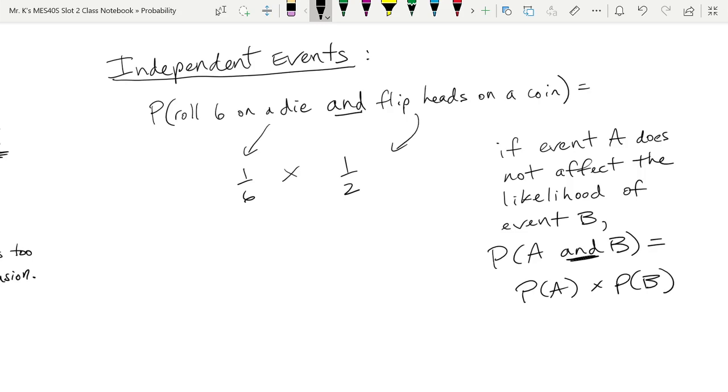And means multiply in probability. So yeah, what's 1 out of 6 times 1 out of 2?